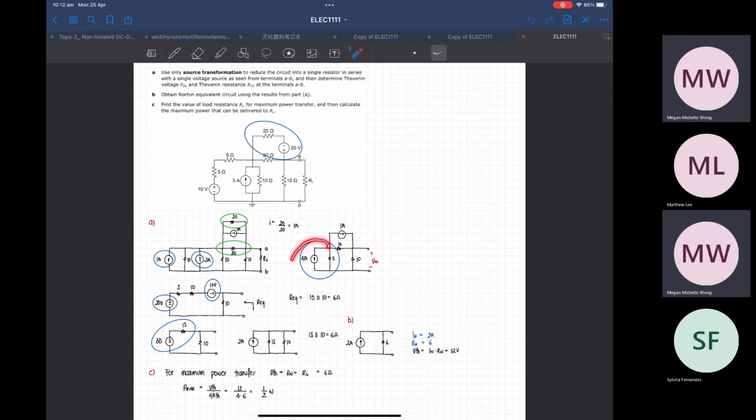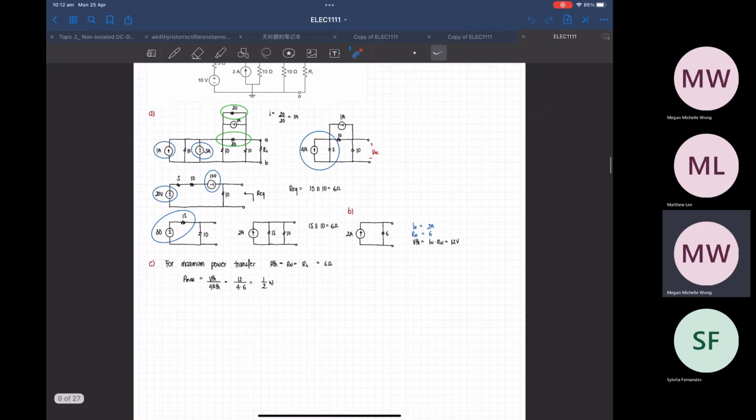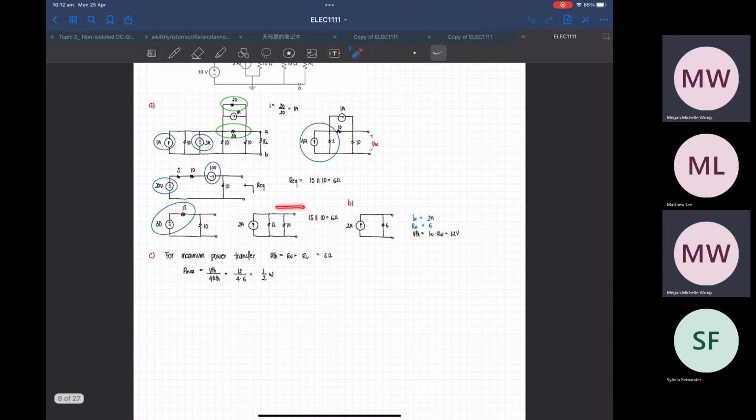You can source transform this one again, or that one again. And then you just get a very simple circuit like this. You just have to source transform many times. But it is not that hard. It's just like Ohm's law. And then you redraw the circuit, which is the long part.